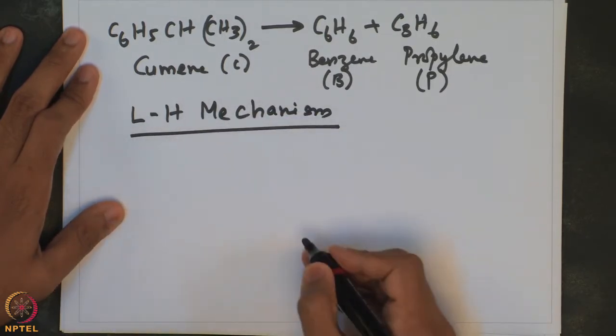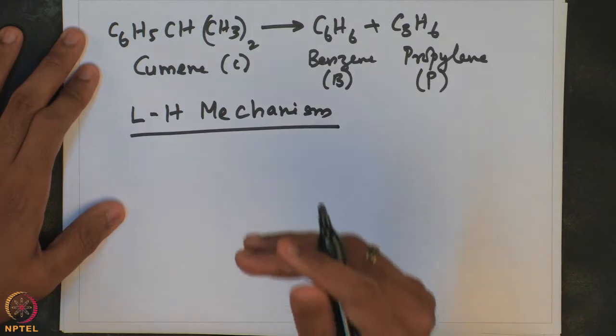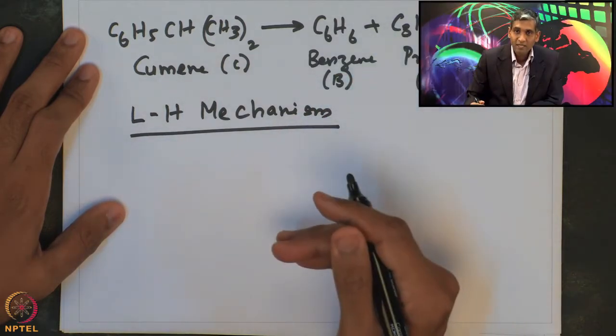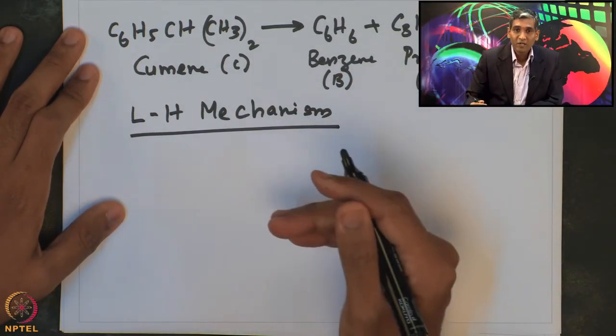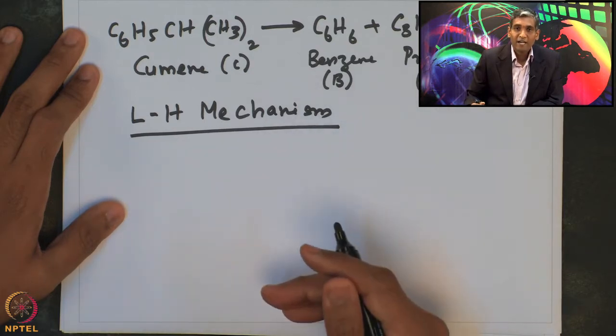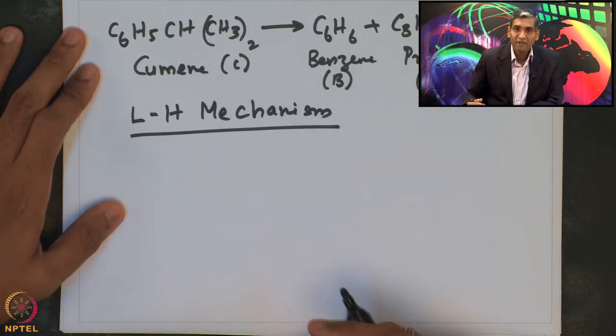Remember that we have to first postulate a mechanism, then assume whichever is the rate controlling step, followed by synthesizing the rate law and then validating with experiments.